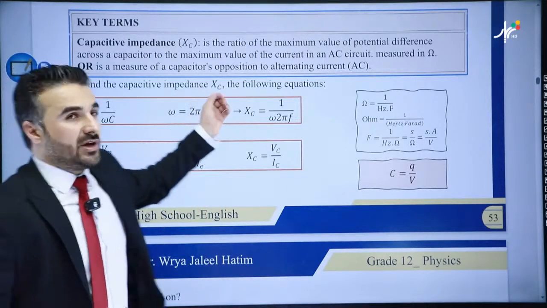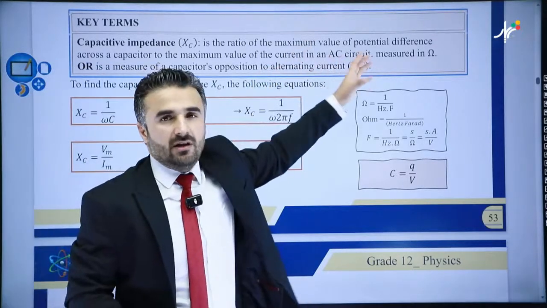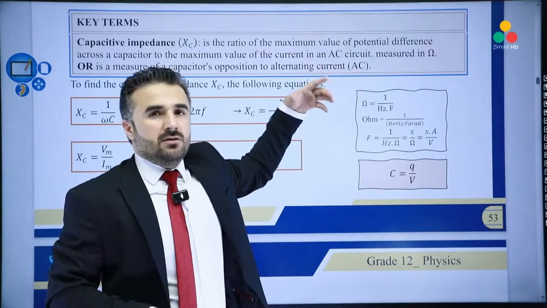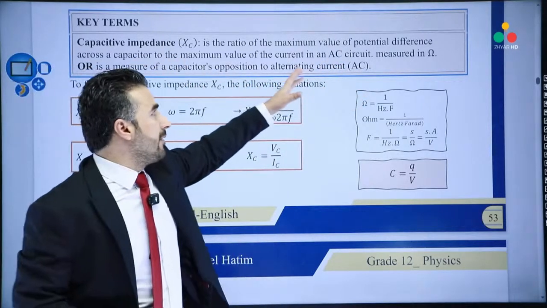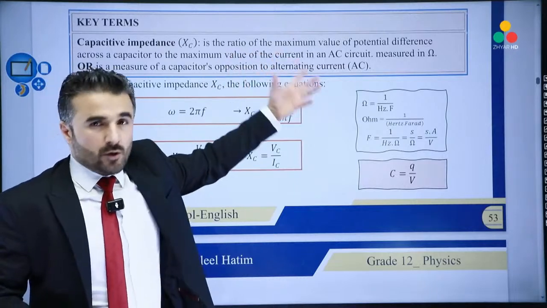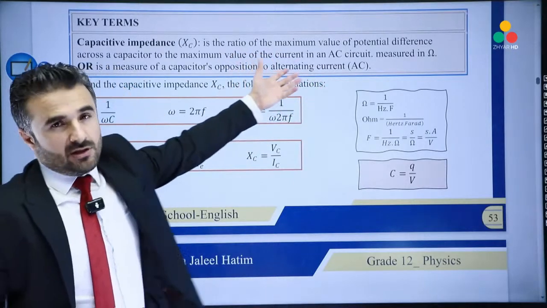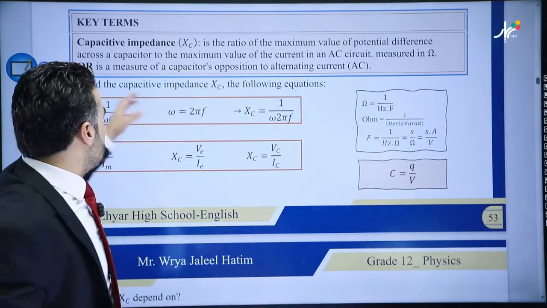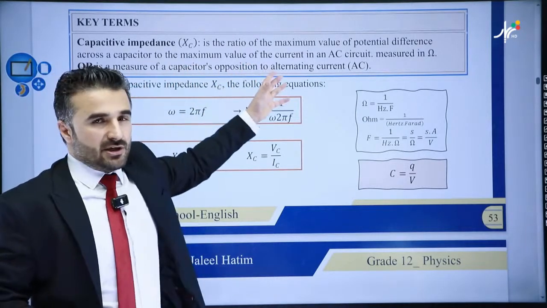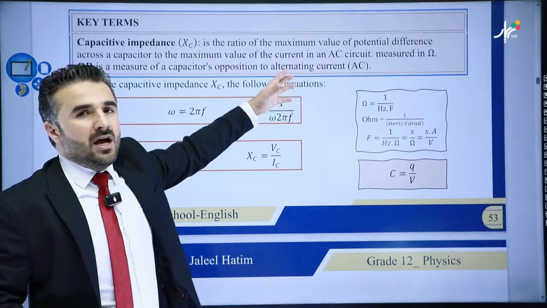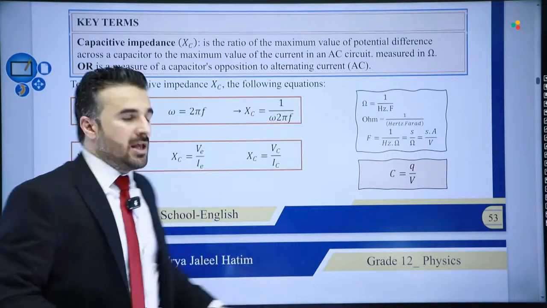Capacitive impedance is the ratio of the maximum value of the voltage across the capacitor to the maximum value of the current in the AC circuit. It is measured in ohms because it is a resistance. You could also say it is a measure of the capacitor's ability to oppose the alternating current.